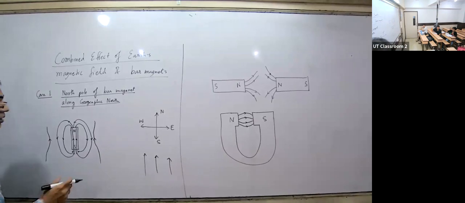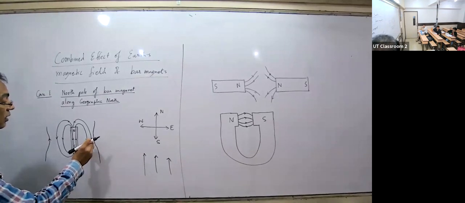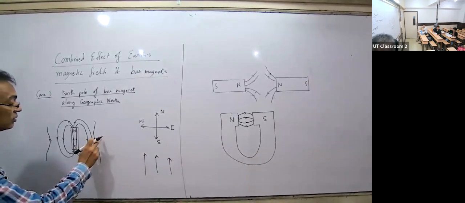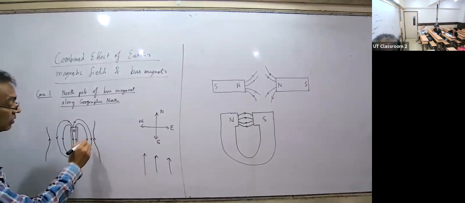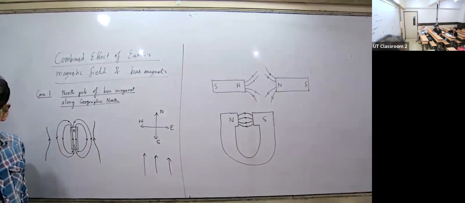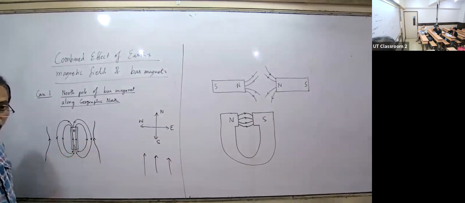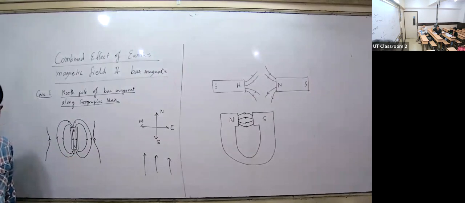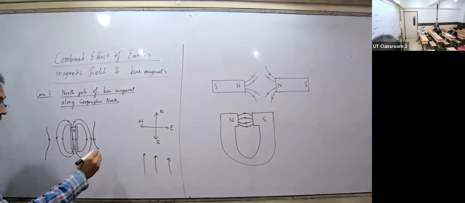But what should happen? At some point away, this field will become equal to Earth's magnetic field. But their directions are opposite. So what will it do? They will cancel each other. Right? That is the neutral point.